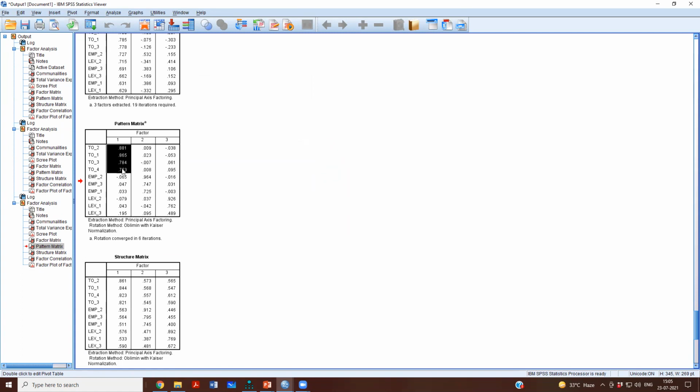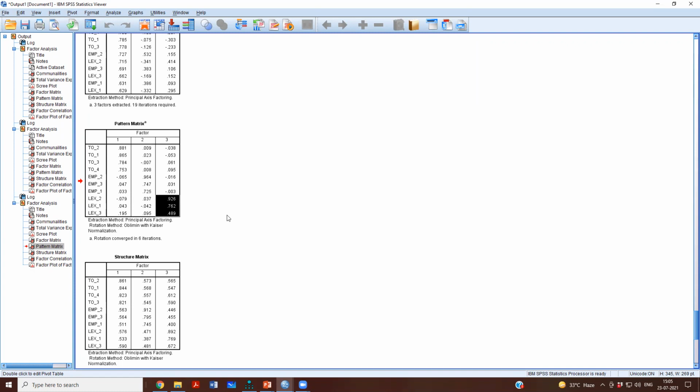So I see that TO 1, 2, 3, 4 loads onto factor 1, then EMP 1, 2, 3 load onto factor 2, and LEX 1, 2, 3 they load onto factor number 3. LEX 3 has a little less loading, but it is okay. It is 0.49, close to 0.50, what we were saying.